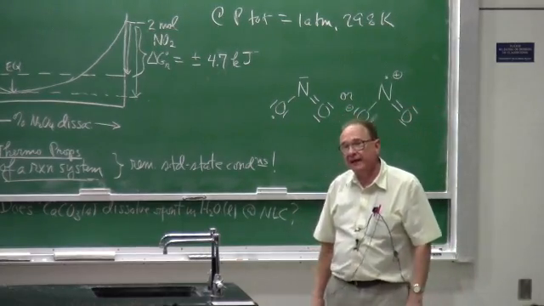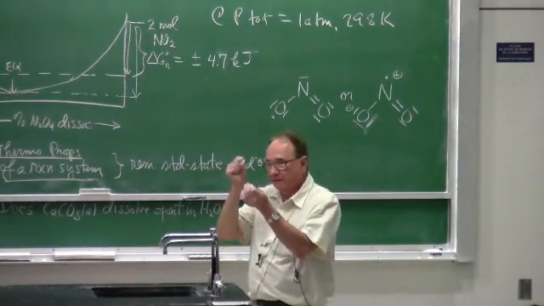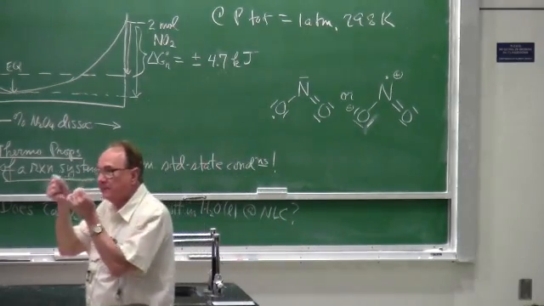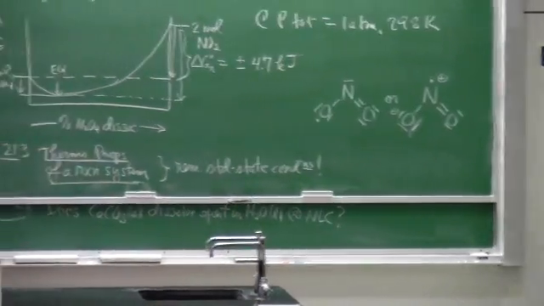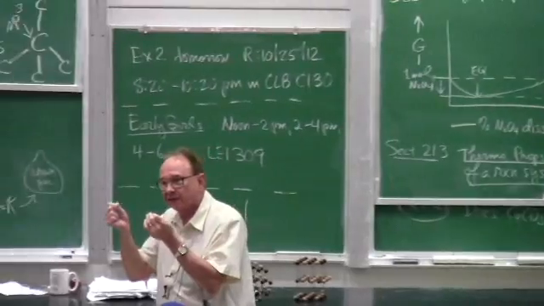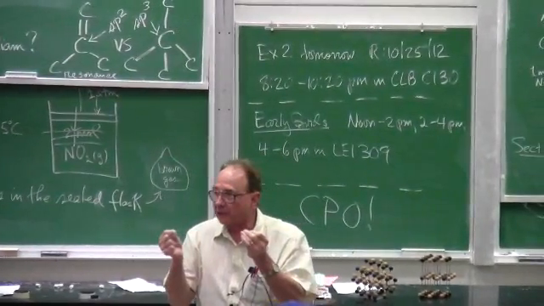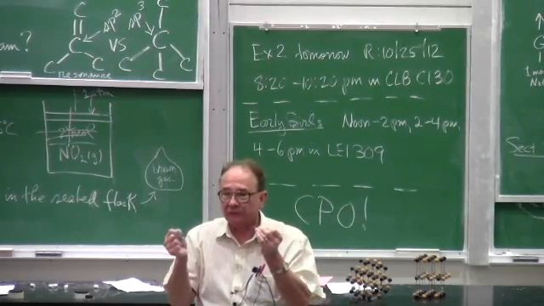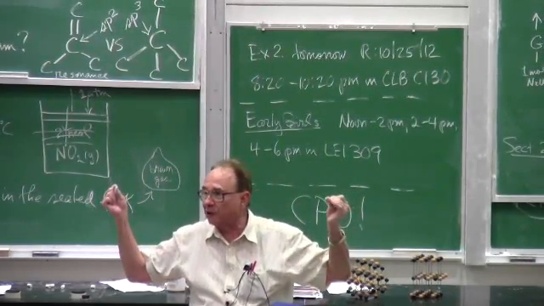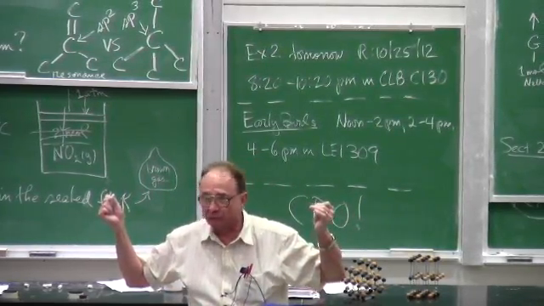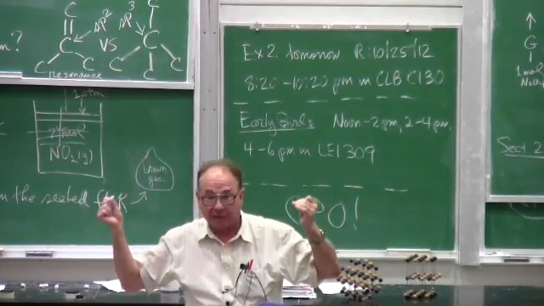So Coulomb likes that because the plus-minus charges are next to each other. They can't get any closer than being next to each other. What Coulomb doesn't like is if you write a Lewis structure and you get plus-minus formal charge separated by one or more intermediate atoms with zero formal charge. Coulomb says, I don't like that.